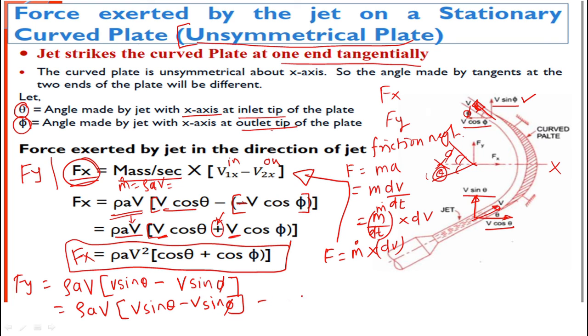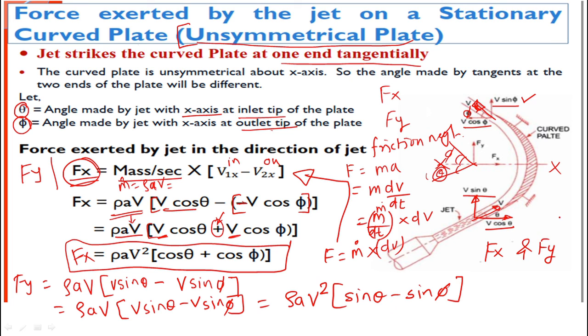Here we take v common, so Fy equals rho A v square into sin theta minus sin phi. That is the force acting in the y direction. That's how we can calculate the force in the x direction and in the y direction.